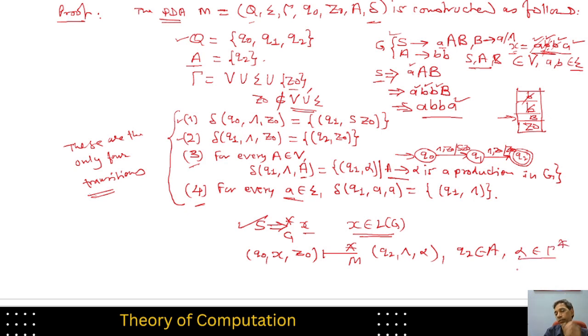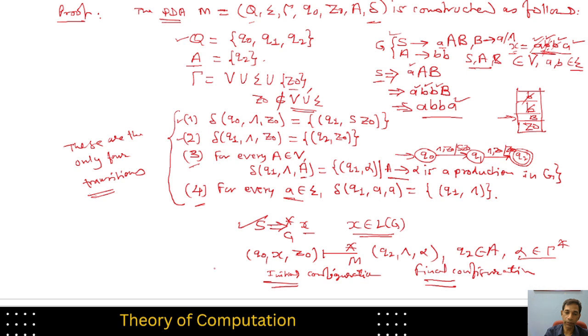Alpha can be any string from tau star. So this is the initial configuration, and this is the final configuration. So starting from the initial configuration, you are able to reach the final configuration.